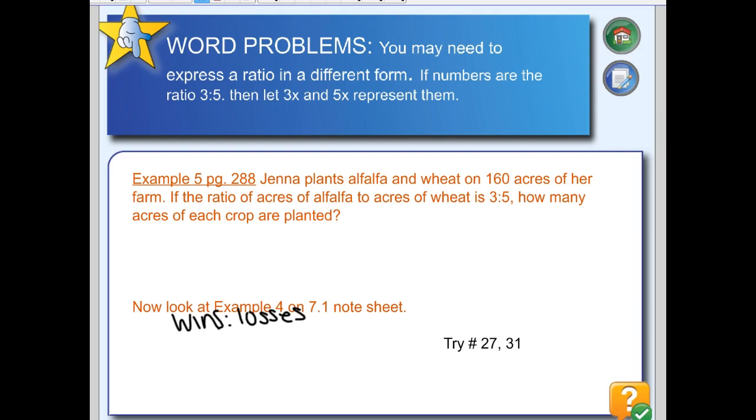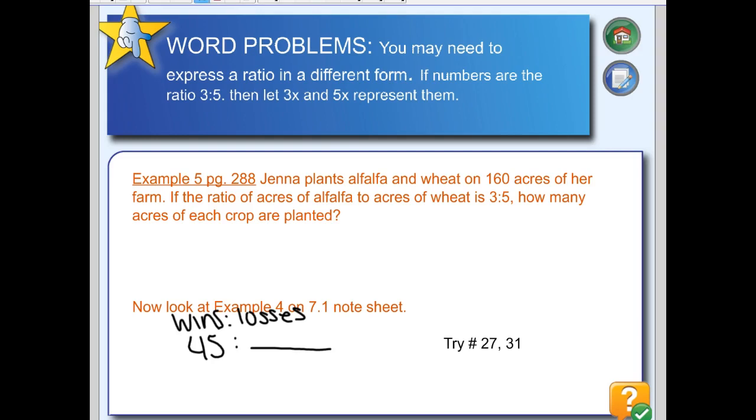So I know I have 45 wins, but I don't know what my losses are. Can you think of a way with the information that they gave me that I can find the losses? Let's read it again. Write the ratio of wins to losses for a baseball team that played 72 games and won 45 of them. Yes, that's right.